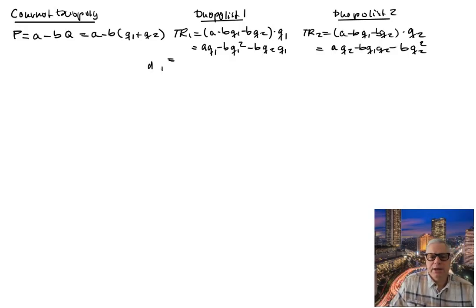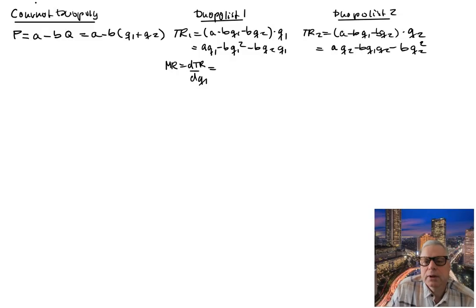Okay, but now we can take the marginal revenue. The marginal revenue is the change in total revenue here with respect to Q1. And then we get A minus 2BQ1 minus BQ2.